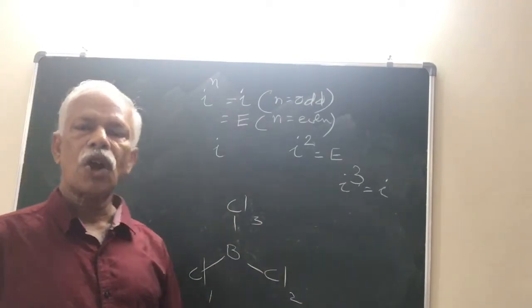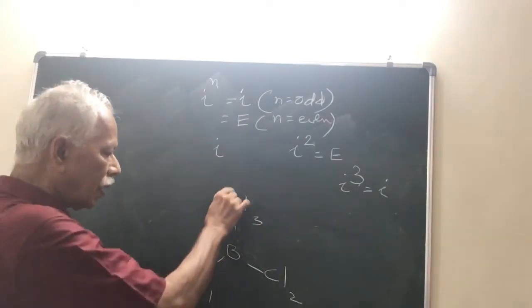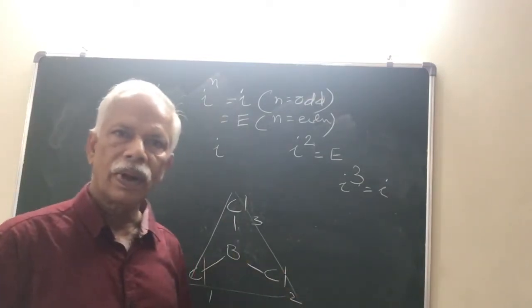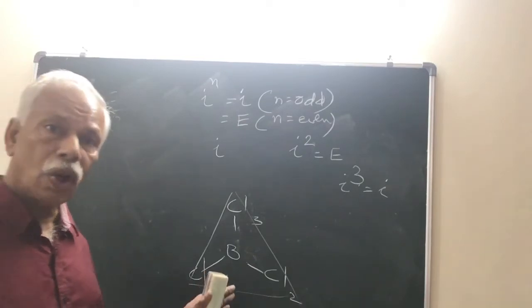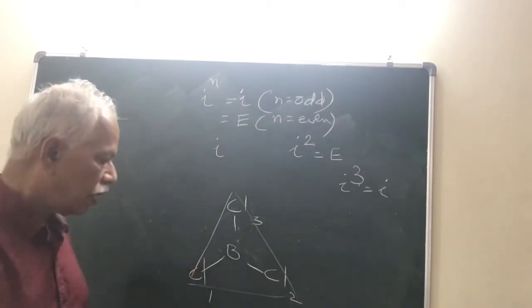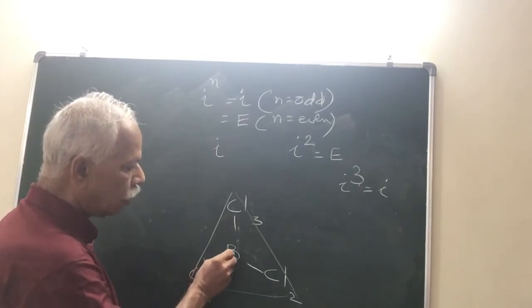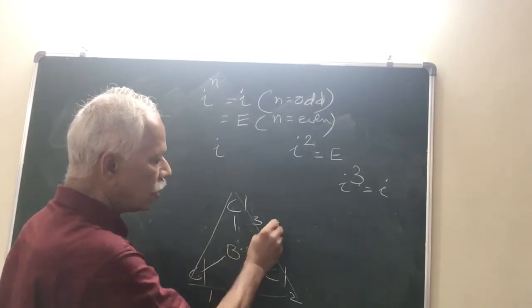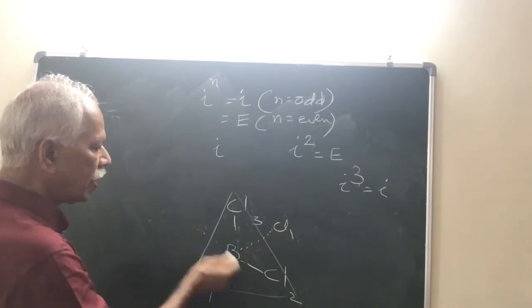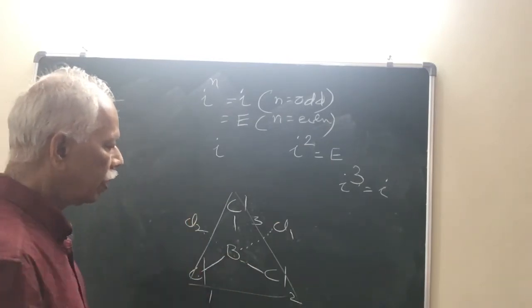How is the inversion operation carried out? It has a central atom. Boron is of course at the center of gravity of the molecule. I'll do the operation without shifting it to another place. From Cl1 I draw a line to boron, extend it an equal distance and put the chlorine there. From Cl2, extend an equal distance, you put the chlorine 2 here.